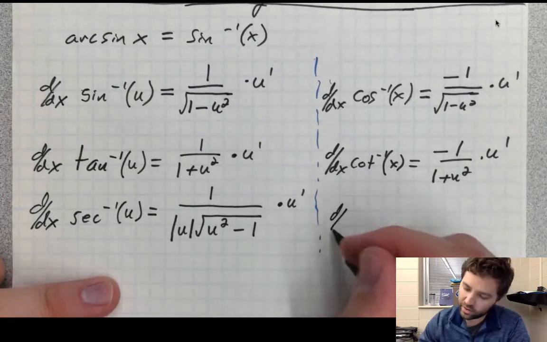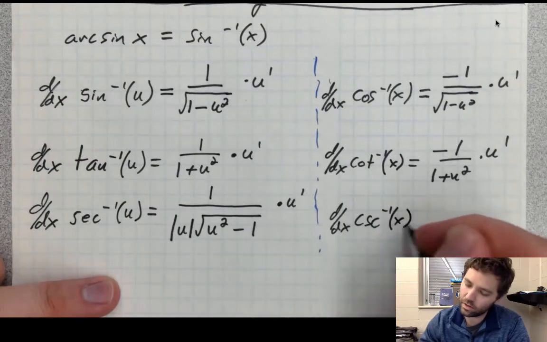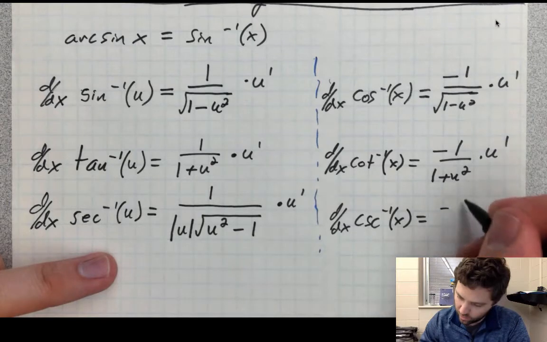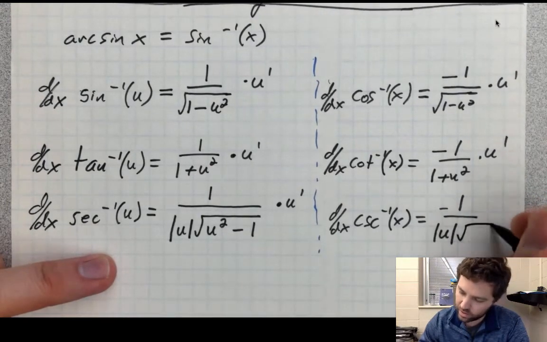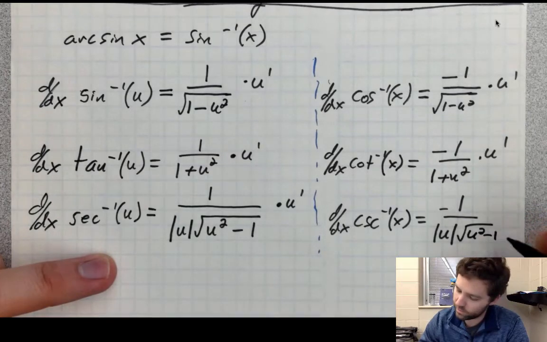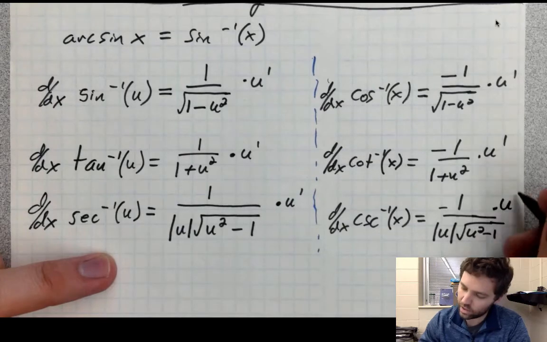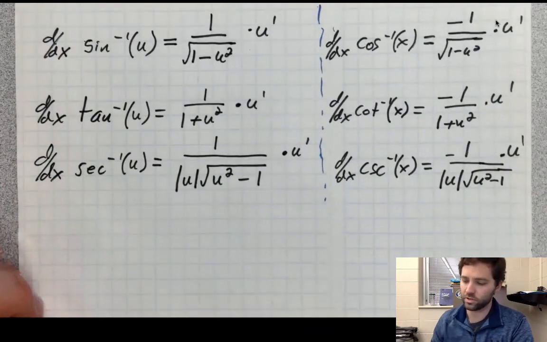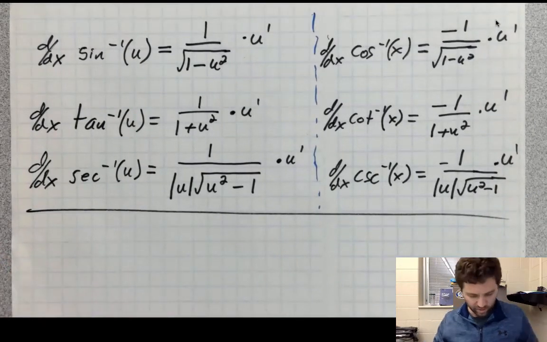And then the last one, the derivative of inverse cosecant, is equal to negative 1 over the absolute value of u times the square root of u squared minus 1 times u prime. Sorry, that's kind of poorly written there, but times u prime. So there are your formulas for the derivatives of inverse trig functions.